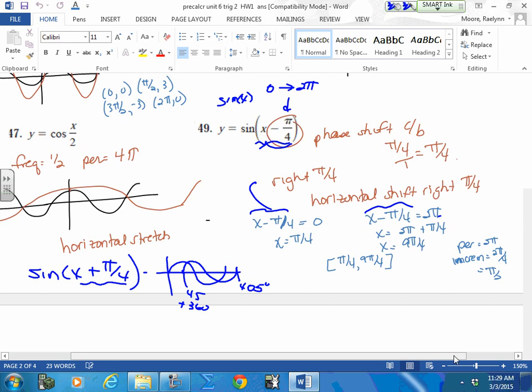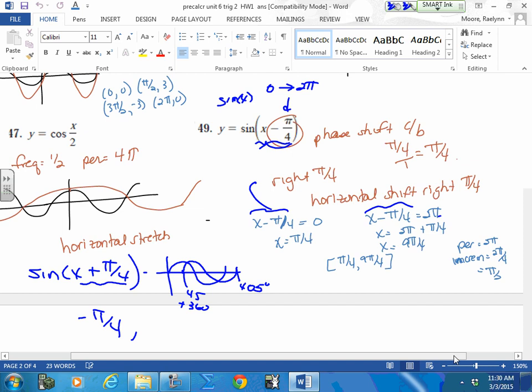So 45, so it's going to start at the negative pi over 4. I want you to think, I need 2 cycles. I need 8 pi over 4 to get a complete cycle. But I shifted everything to the left. So where's my end going to be? Positive pi over 4 would just give me part of it. I need to go 2 pi.